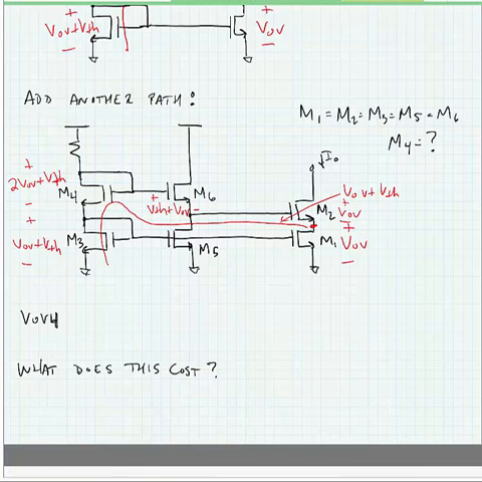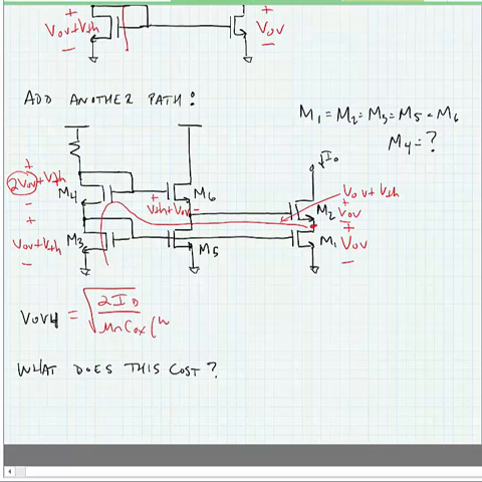Okay, so the secret sauce here is that we want to achieve twice the overdrive voltage for transistor M4 of any of the other transistors. So the overdrive voltage of transistor M4 is equal to the square root of 2 times its drain current divided by mu n C ox times W over L 4.